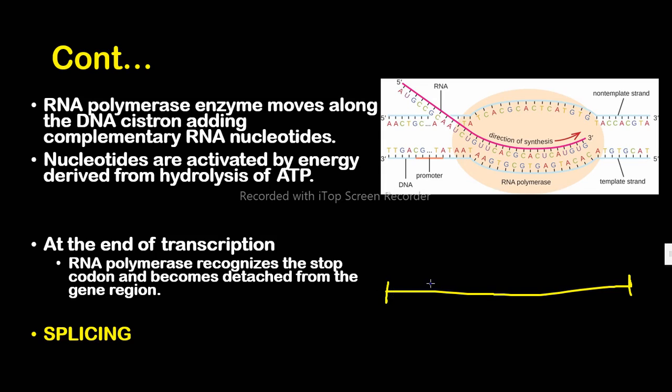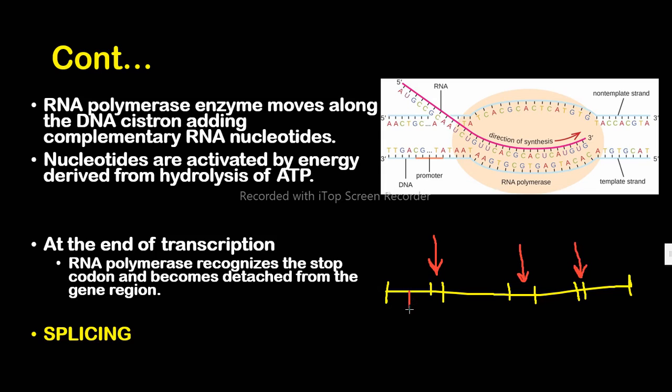So you have this, and then you have this. So this part here, it doesn't code for any protein. This part here, it doesn't code. It is a non-coding region, and this one is also a non-coding region.